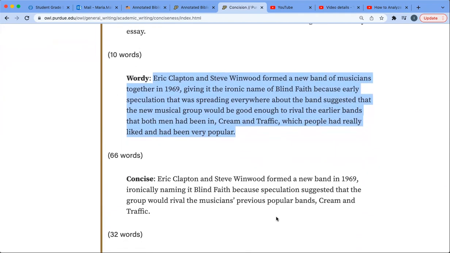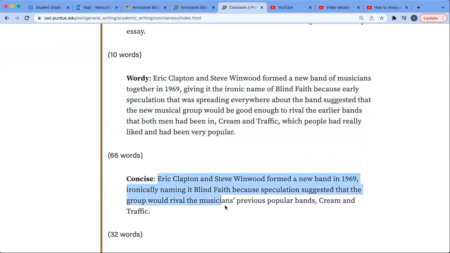You can try and write down your version in the comment box, versus 32 words. So unnecessary words were just removed from the sentence, words that were making it too wordy and creating a lack of concision in writing.